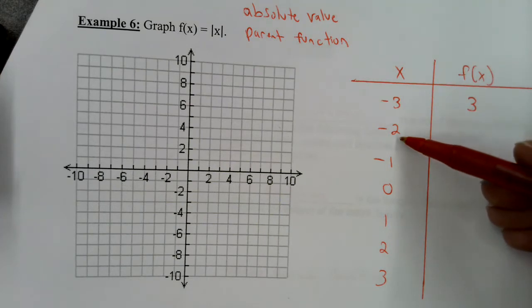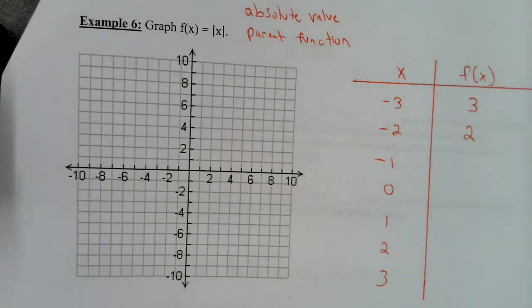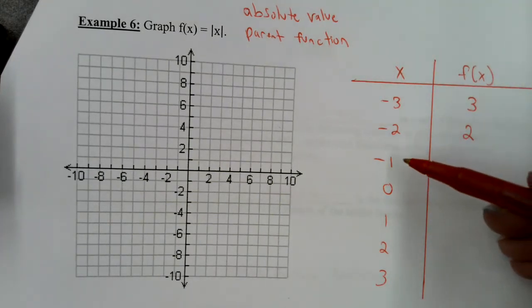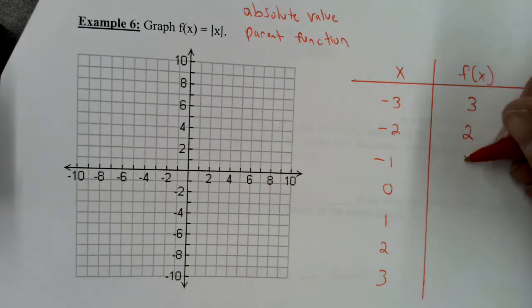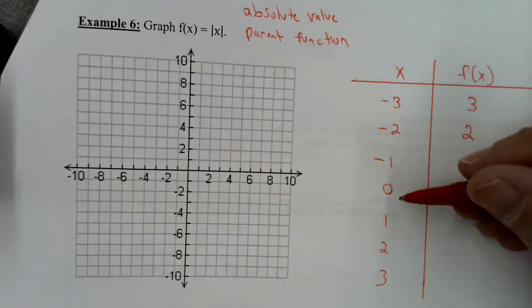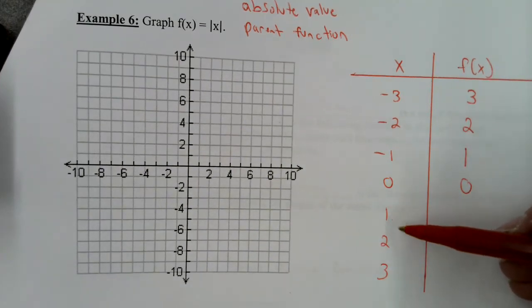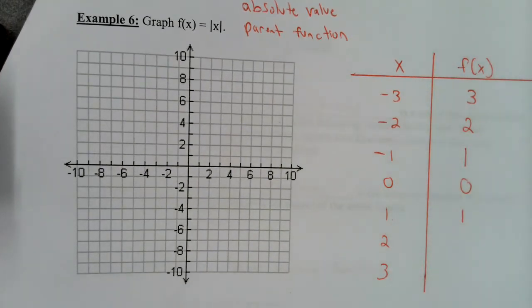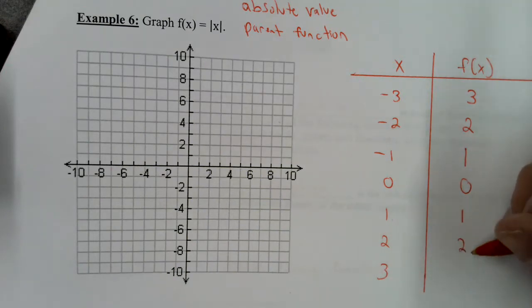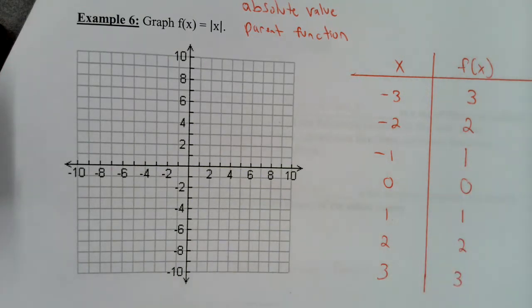The absolute value of -2 equals 2. It's never negative. The absolute value of -1 is 1. The absolute value of 0 is 0. The absolute value of 1 is 1. The absolute value of 2 is 2, and the absolute value of 3 is 3.